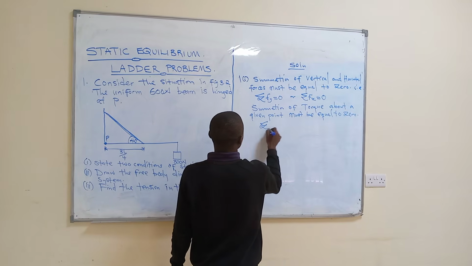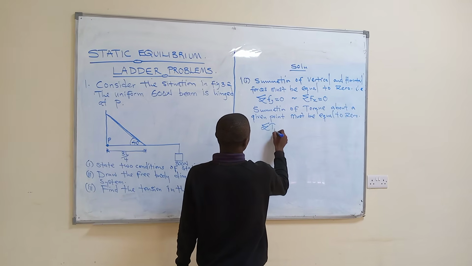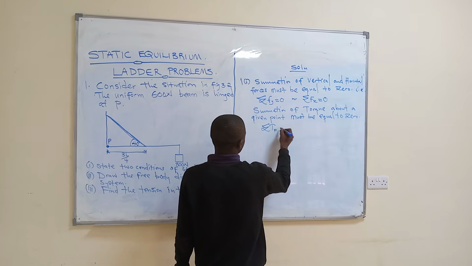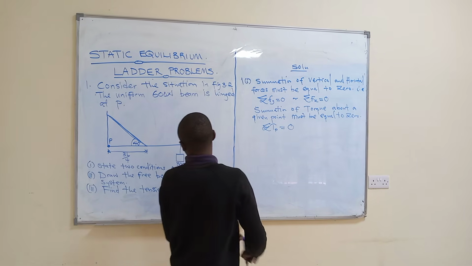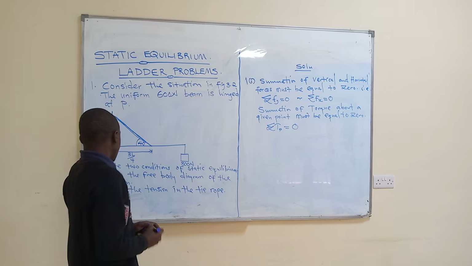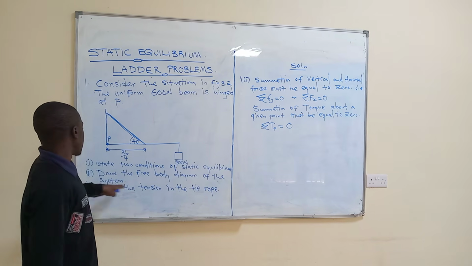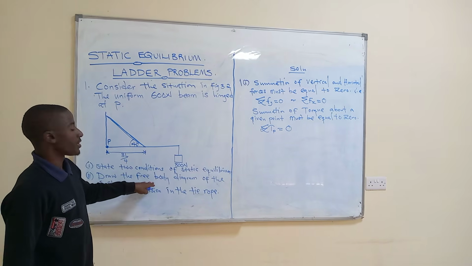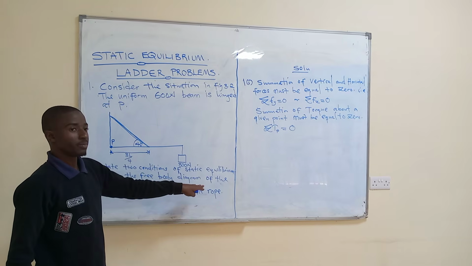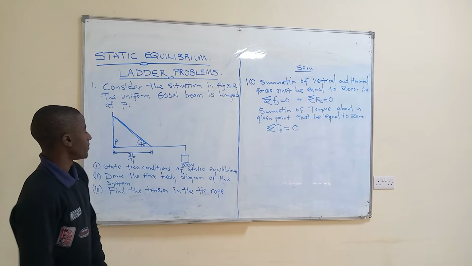That is, summation of torque about a certain point, that is the pivot, is equal to 0. The second question, they are saying draw the free body diagram of the system.